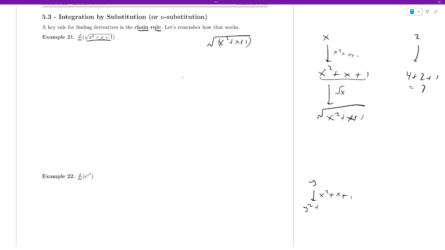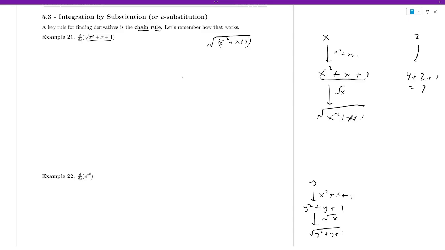So I'd get y squared plus y plus 1, because I just put y wherever the x was. Then I could apply the function square root of x, which means take the input, put it wherever the x is, so I get square root of y squared plus y plus 1. So you can imagine writing it that way too.